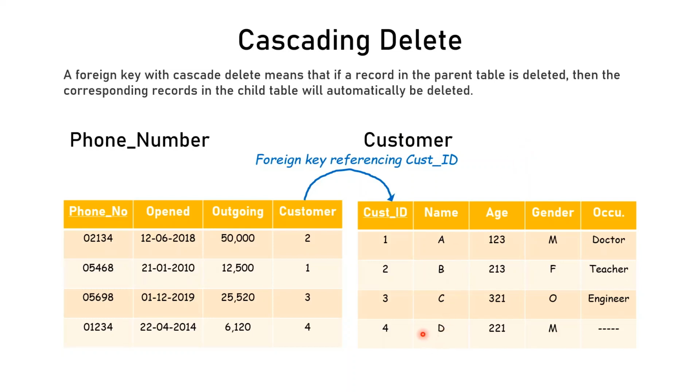Imagine that a customer with the name D and customer ID 4 has decided to not use his SIM anymore. So basically, this entry here is no longer of any use to us. So we do not need this row anymore, so we decide to delete this entry from our customer table.